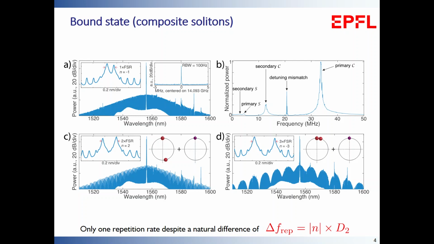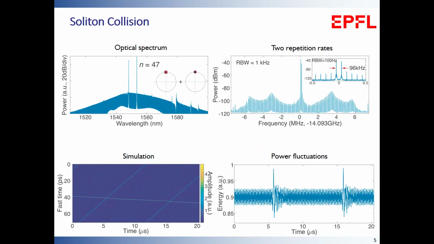In this way, because of the local dispersion changes, the natural group velocity difference between these two solitons is supposed to increase, and if there's some limit to separate these two situations, one the bound state, the other the unbound collision state, then we can probably demonstrate the collision if we separate these two pump lasers, right? Now, this is what we do.